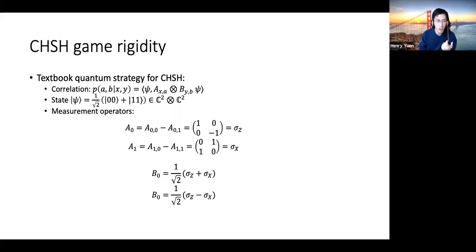If you take the difference of the projectors, you get a unitary, A sub 0, that is the sigma Z matrix, the Pauli Z matrix. And the corresponding unitary when the question is 1 is the sigma X matrix. The important thing about these two matrices is that they anti-commute. There's a similar relation for Bob's operators, B0 and B1. These unitaries anti-commute, and this is a description of this optimal strategy.